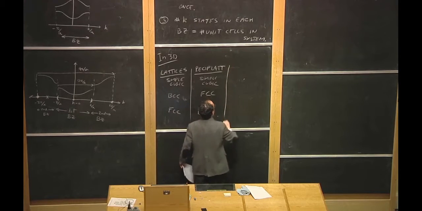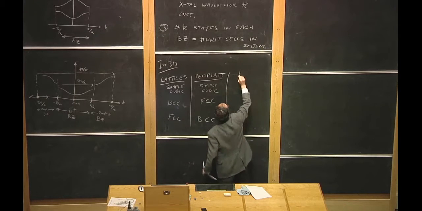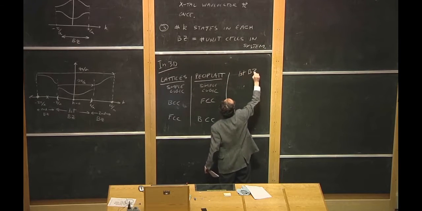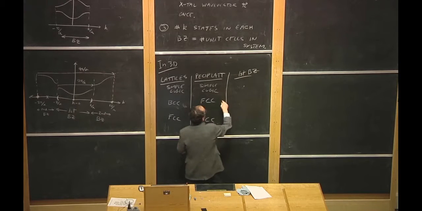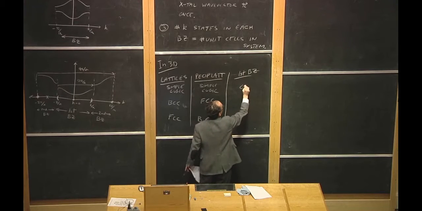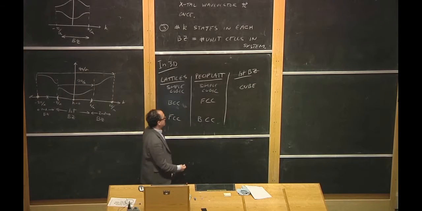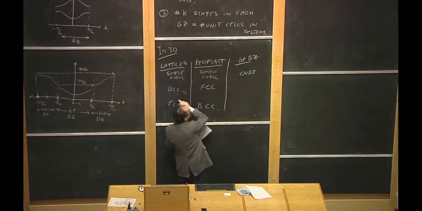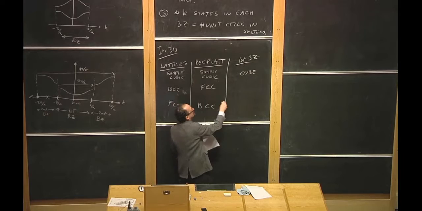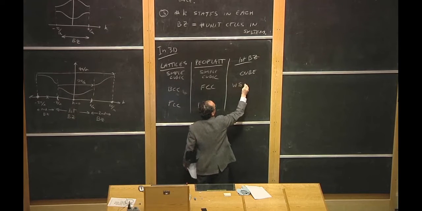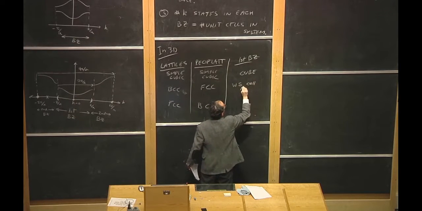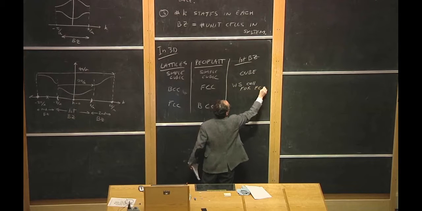So the shape of the first Brillouin zone is, well, for a simple cubic lattice, the Wigner-Seitz cell is a cube. So the first Brillouin zone for the simple cubic lattice is a cube. For the BCC lattice, the reciprocal lattice is FCC. So we get something that's the shape of the Wigner-Seitz cell for FCC, which was a funny shape.